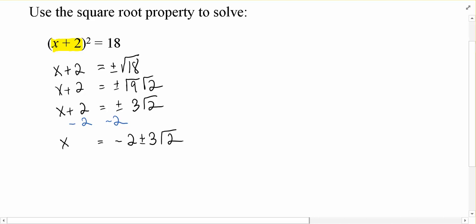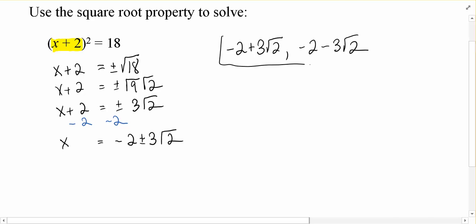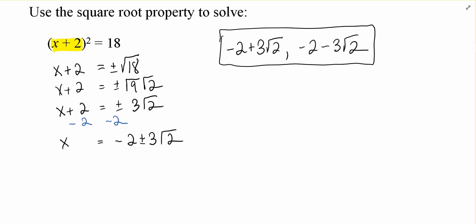Again, it's perfectly fine to leave the answer like this in handwritten form, but in the homework system we need to enter negative 2 plus 3 root 2, as well as negative 2 minus 3 root 2. Notice where the plus minus is. That's the only place we make it plus for one answer and minus for the other. The negative 2 is negative 2 the whole time, so that stays the same.